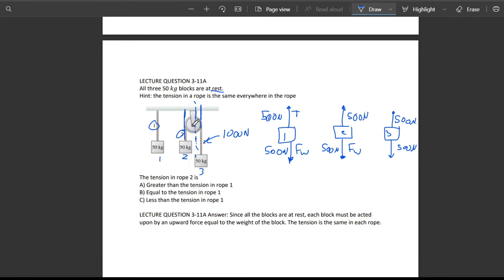And the math works out essentially the same regardless, because this block is at rest. Now, if there was some acceleration going on, we would then have to consider other information, but because these blocks are at rest, we can then say that these two forces cancel out to a net force of 0, which means that the tension force acting on rope 2 is equal to the tension force on rope 1. And that is the answer.